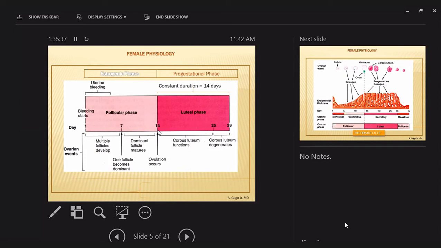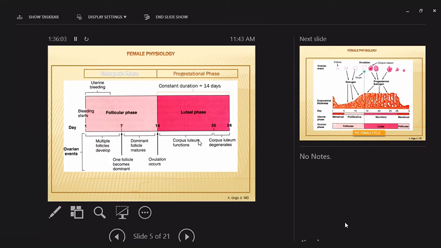At the middle is your ovulation day. So day 14. This is the day that divides the cycle in the ovary into follicular phase and the luteal phase.